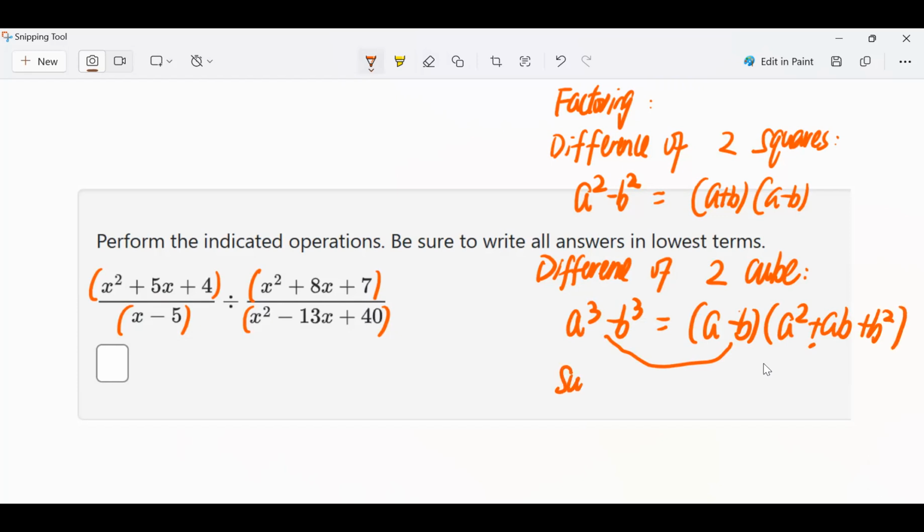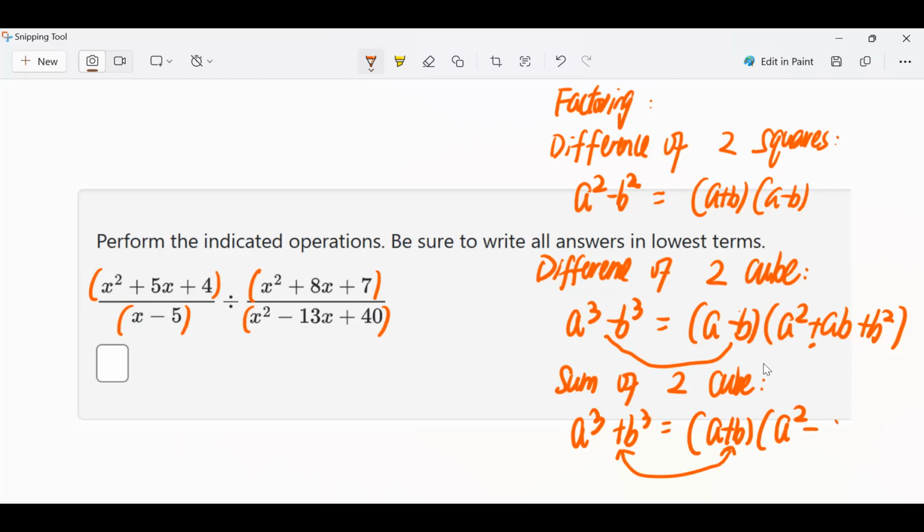The sum of two cubes, A cubed plus B cubed: now it will be A plus B, right? Same thing, so the sign aligns. And then the middle one becomes the opposite sign.